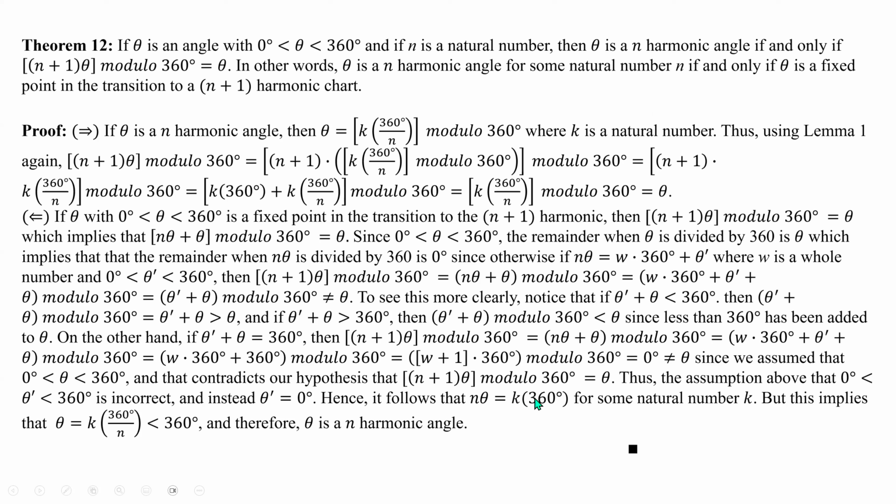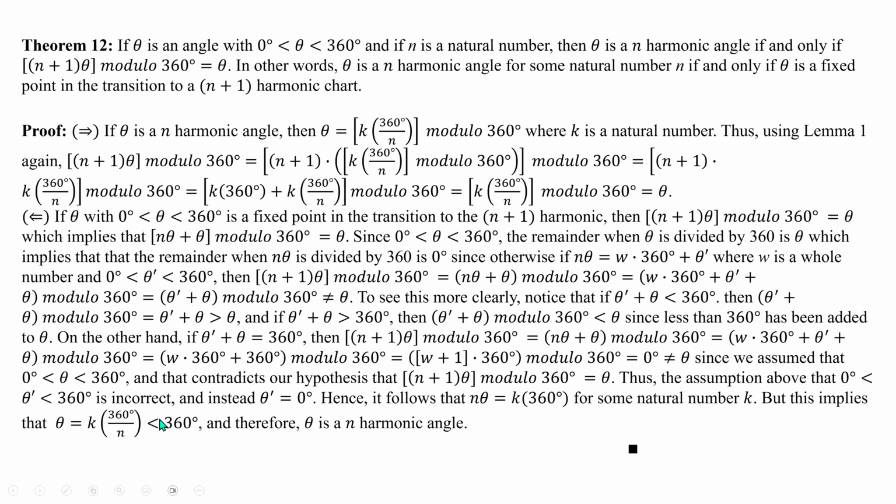So this has to come out to a natural number times 360 degrees, for some natural number k. But just solve this equation for theta by dividing both sides by n. You get that theta is equal to k times 360 degrees over n.